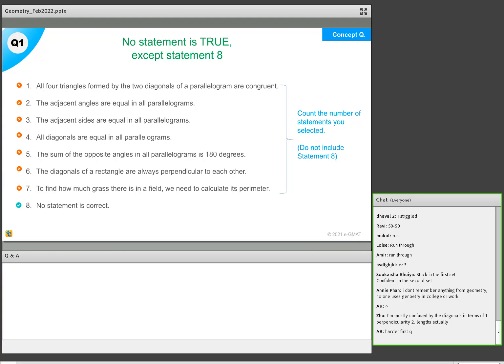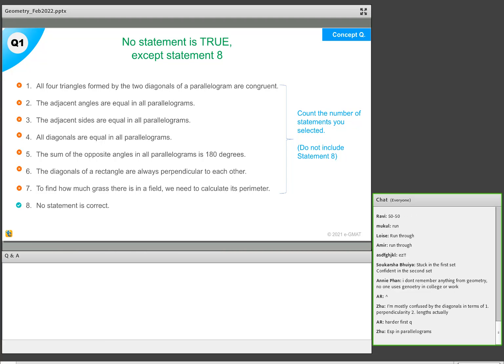Once you spend time on that, when you come back to these statements, you will be able to figure out all of this on your own. So the first set was harder, absolutely. So now let's discuss this. And again, just focus on everything that we're discussing.